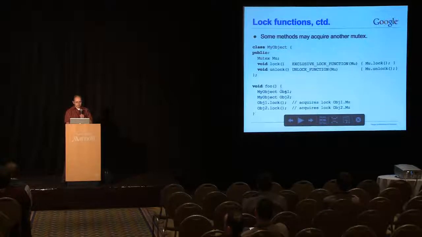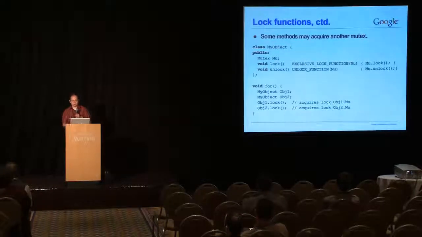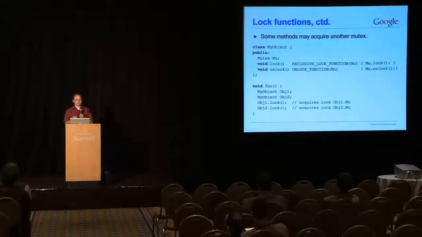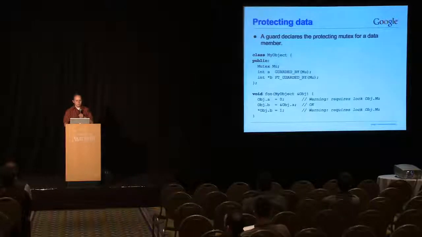If we have two objects, obj1 and obj2, and you call obj1.lock, it'll look at this attribute, see that it refers to mu, and then know that it acquires obj1.mu. Same for obj2. You're restricted in these arguments to only referring to things within your current lexical scope, but then it'll do some replacements across scopes when it interprets them.